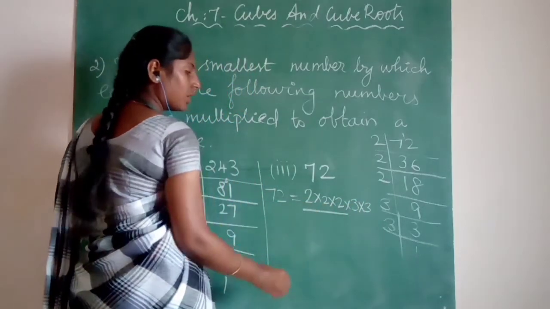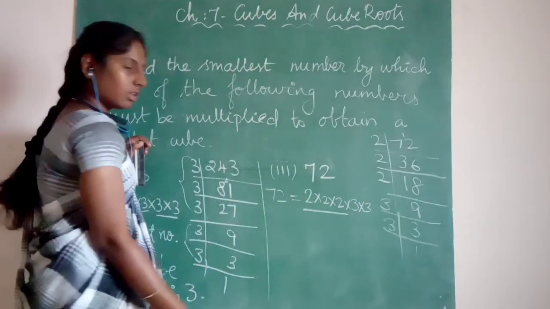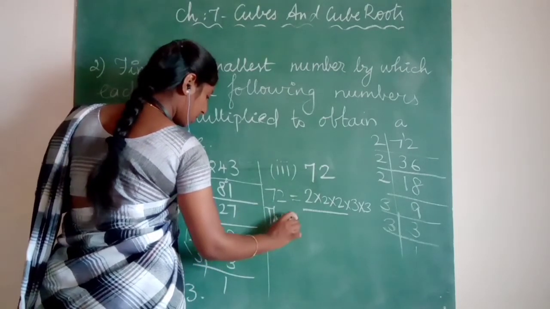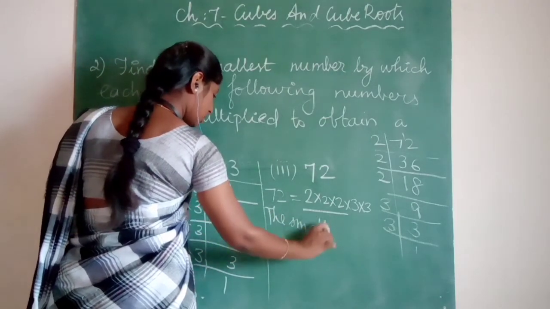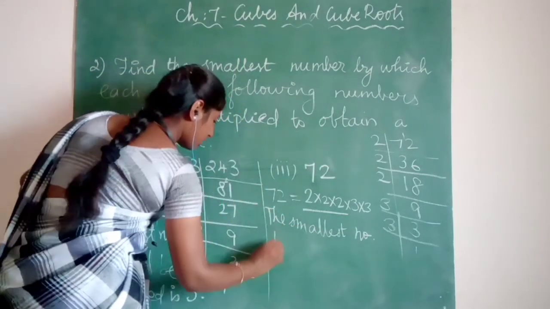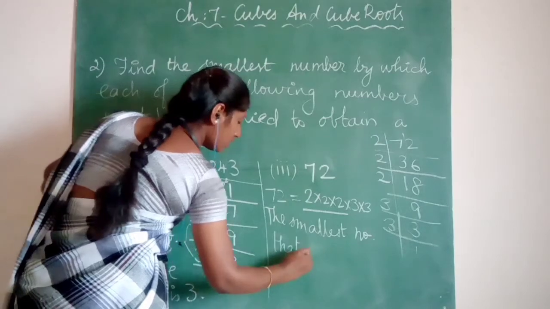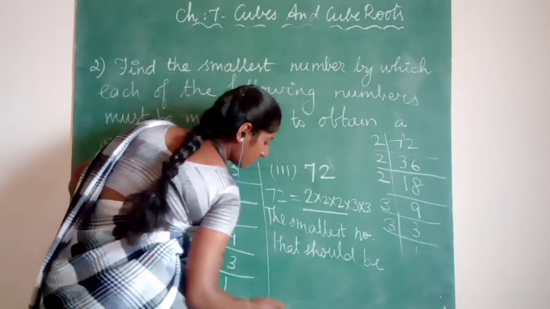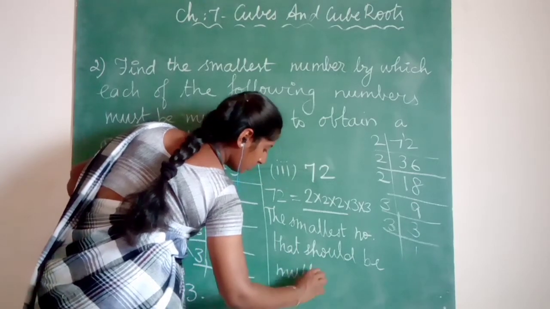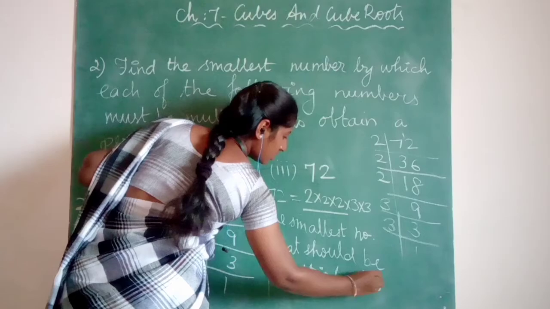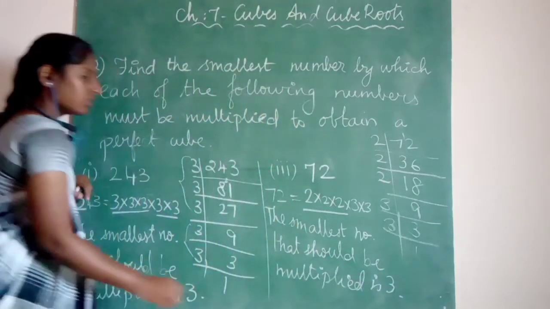Here 2 is in a group of 3, but 3 is not in a group of 3. So you will write again, the smallest number that should be multiplied is 3.